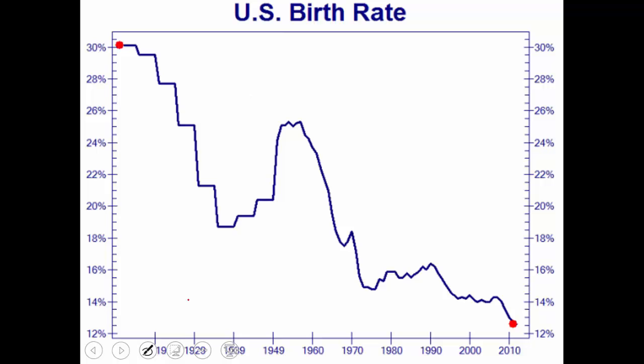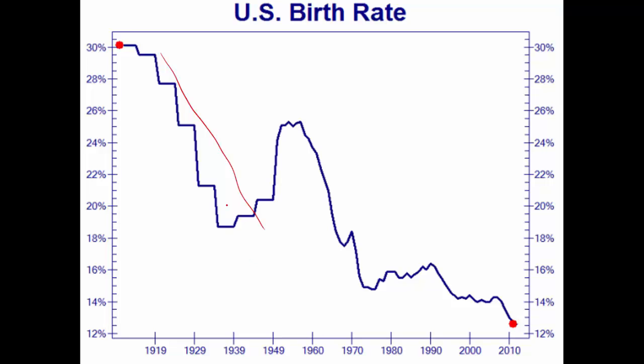Okay, here is the United States, the chart of the United States birth rate. You can see after 1910, you can see the fall. This is because of industrialization. This is before the pill.